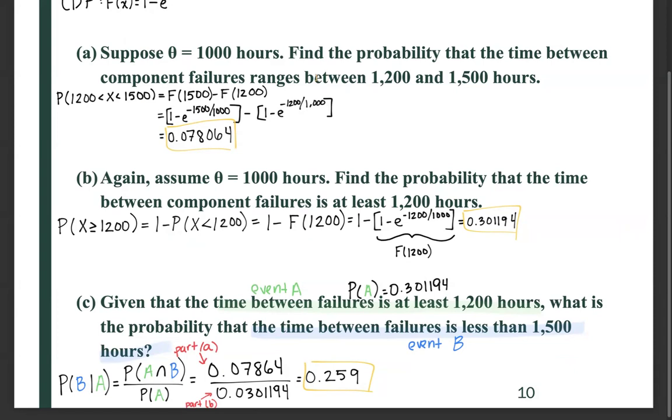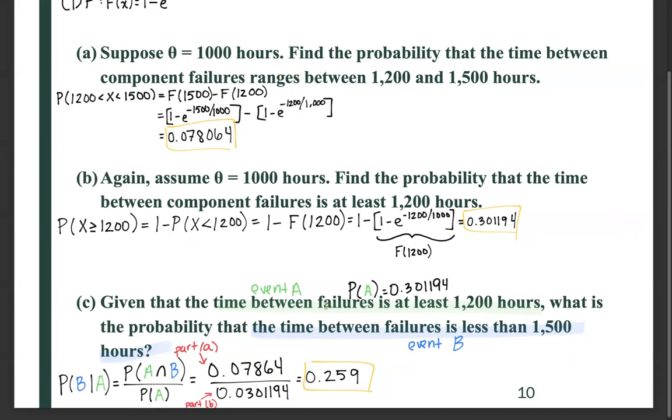That's the same as asking what is the probability that the time between component failures ranges between 1,200 and 1,500. That's part A, so we already found that, which is 0.07864.